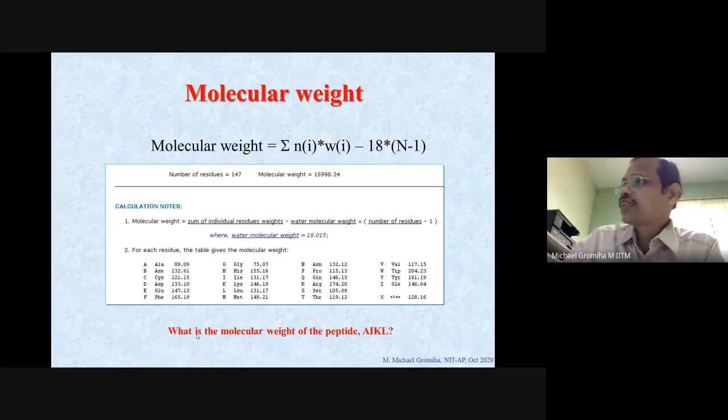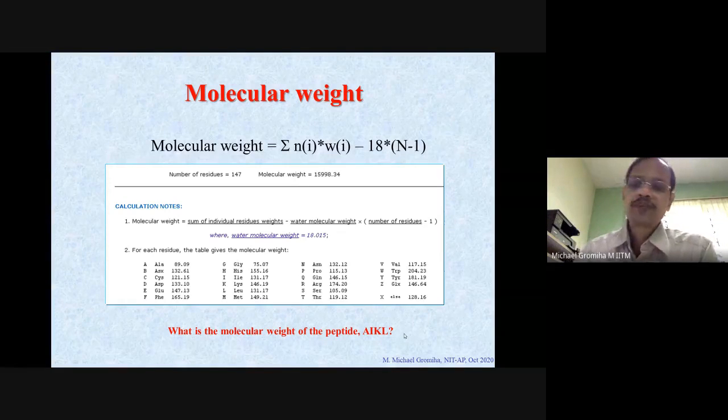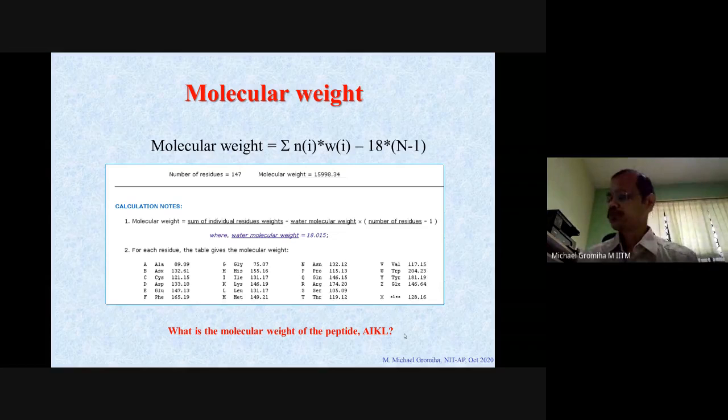So now can you calculate the molecular weight of the peptide AIKL? Can someone get the answer for this? What is the molecular weight of A? The single letter A is this one, I is isoleucine is here, K is lysine is here, leucine is here, and can you get the molecular weight of this peptide? Approximately?